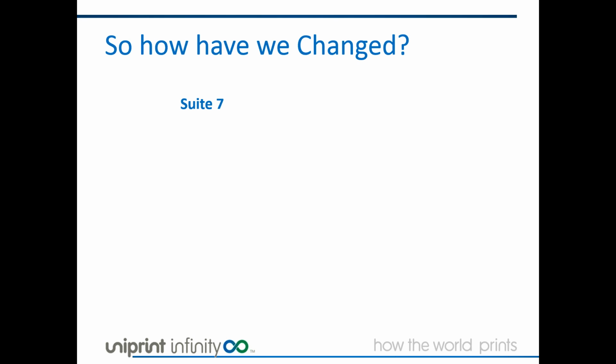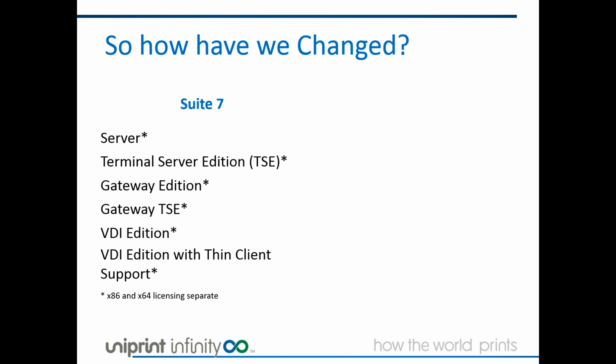So I've used the example of Suite 7, and as most of you will know, within Suite 7 there were multiple different variances of the software available for licensing: server, terminal server, gateway, etc. And then they were split according to whether they were x86 and x64 architectures.